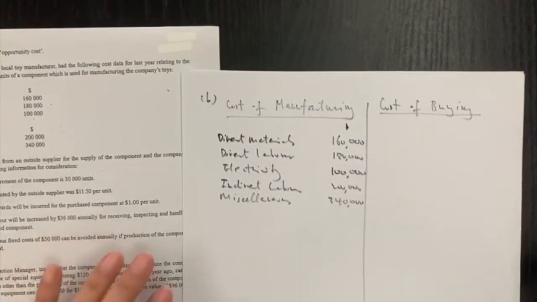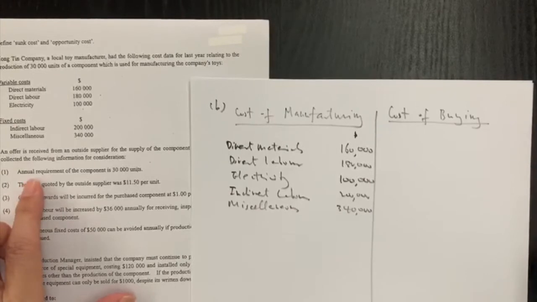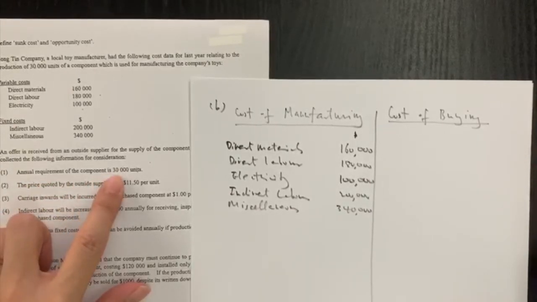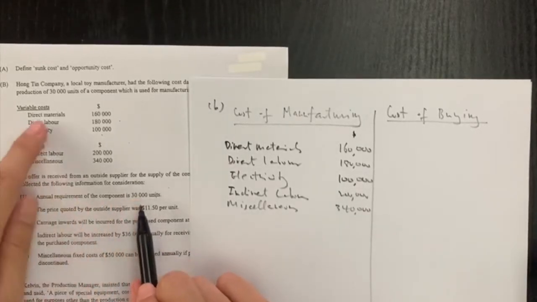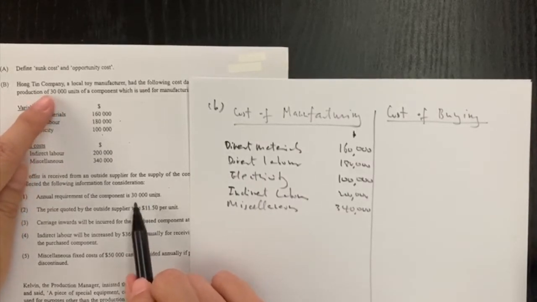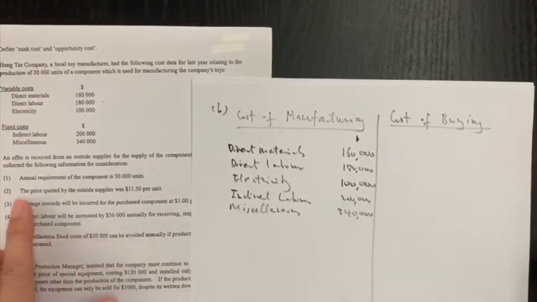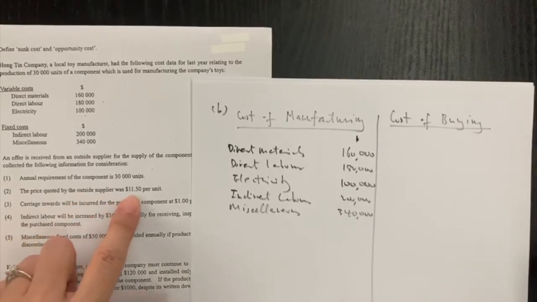Okay, and then we come to what about if we buy from the supplier, and then we have this annual requirement of the components is 30,000 units. This 30,000 units is the same as if we produce, we also produce the same amount of units. So in order to make comparison, the number of units for production and buying must be the same. Okay, and next, the price quoted by the outside supplier was 11.5 per unit.